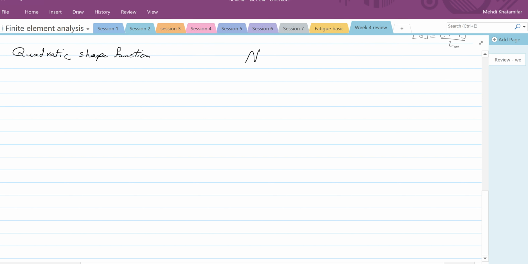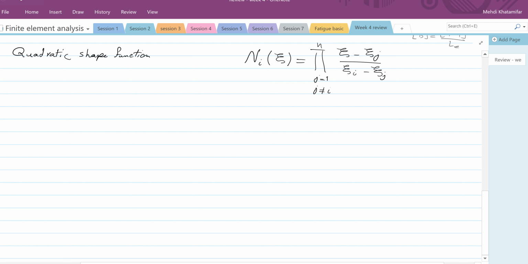The formula was that shape function I, which is in local coordinate or normalized coordinate, is going to be the multiplication of these terms, where j must not equal i: psi minus psi j divided by psi i minus psi j.